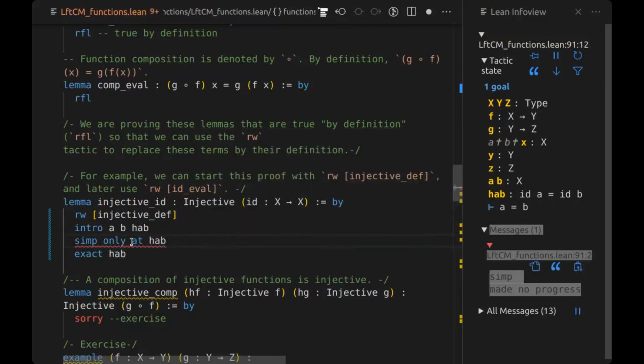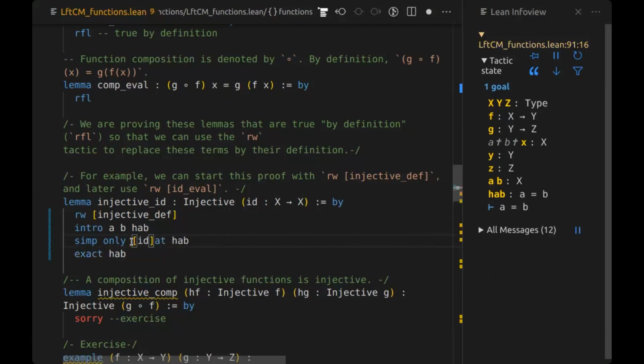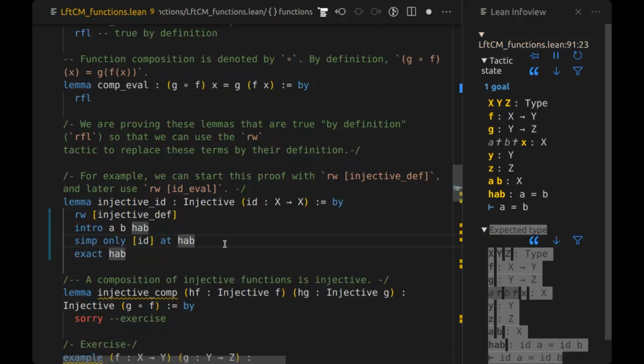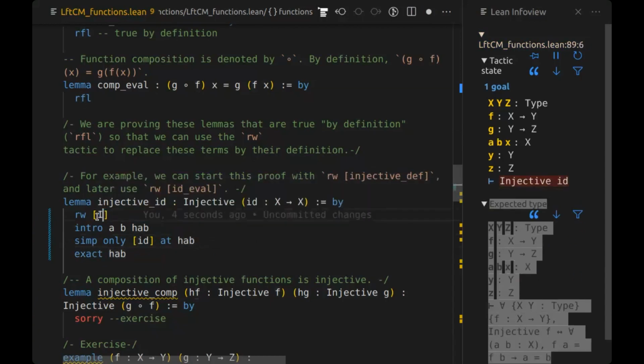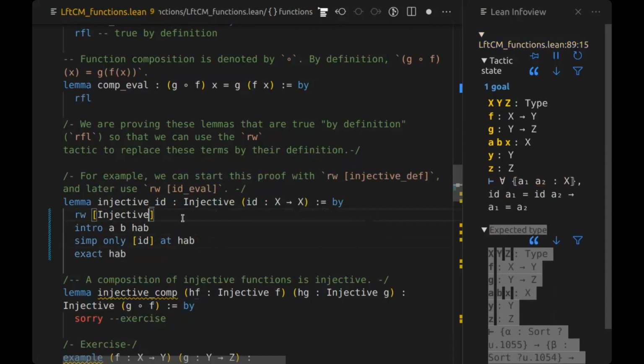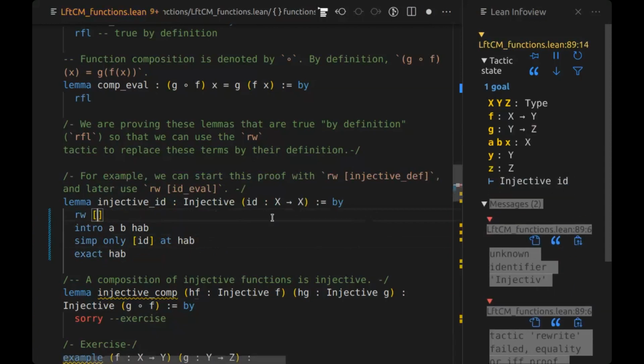Simp only with the argument id, just to unfold. Oh, yeah, that also works. Okay. Yeah, I guess we could also write injective, but then this becomes a bit uglier because we get some brackets. That's why I wrote the injective def.